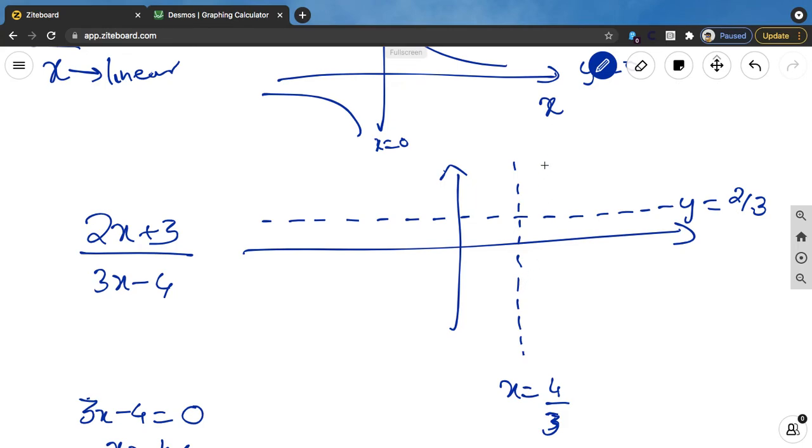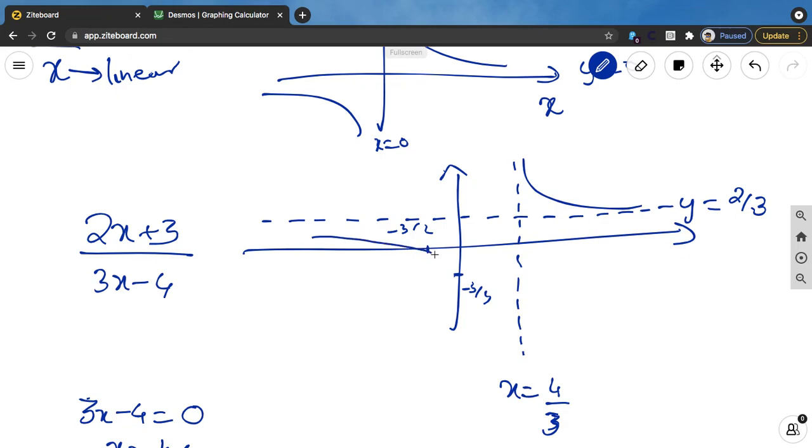So x cannot take 4 by 3. As x approaches 4 by 3, it will go to infinity, and then as x increases, y will approach this. What about on this side? Well, symmetric behavior should be there, but I will have to mark the intercepts. When x is 0, y is minus 3 by 4. When y is 0, x is minus 3 by 2.